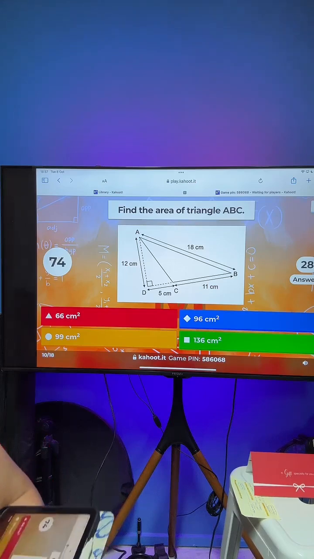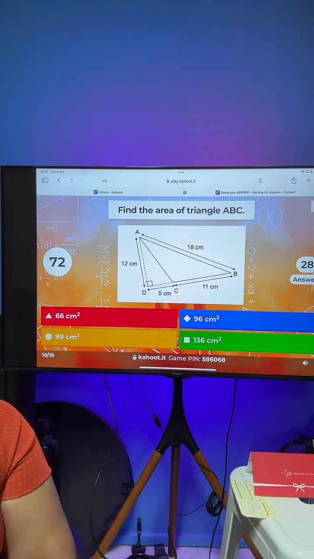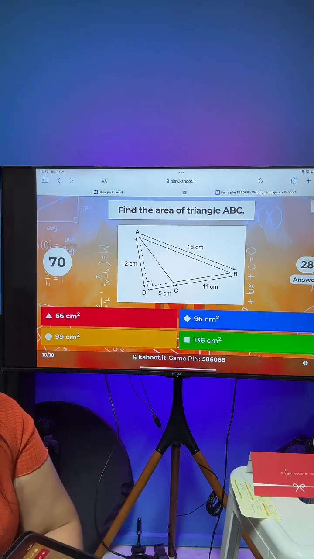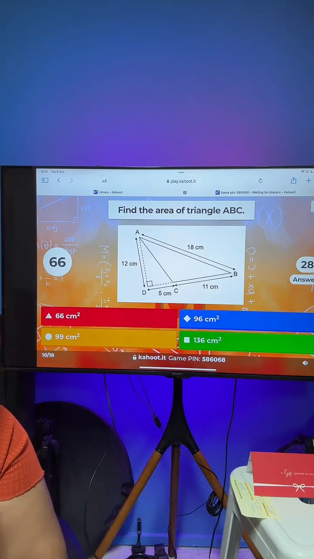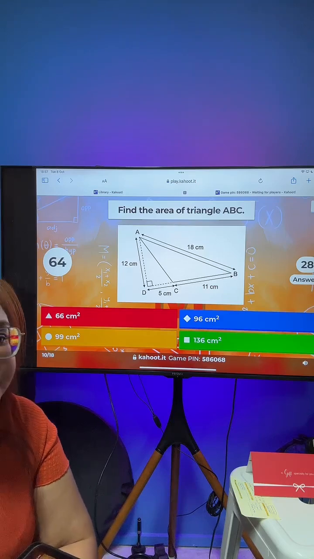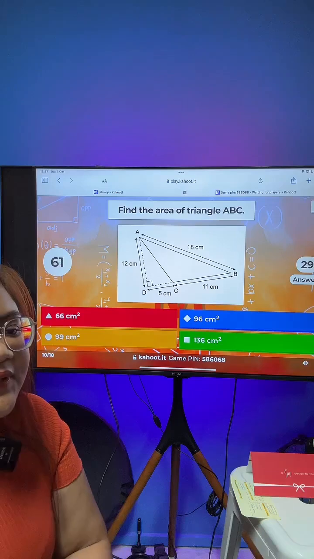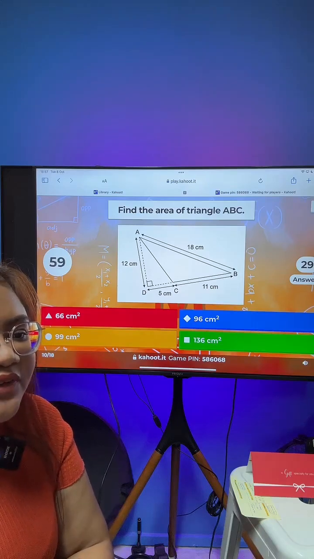Capybara, you need some help. Area of triangle formula, give you a hint, yeah? Area of triangle formula is half times base times height. Half base height. That's your area of triangle formula, okay? Alright.